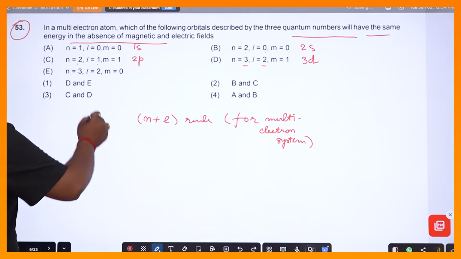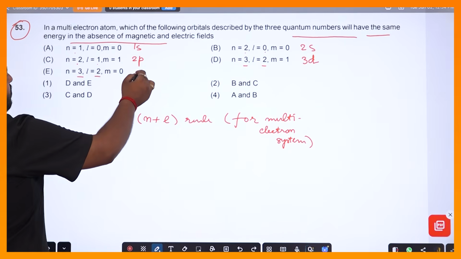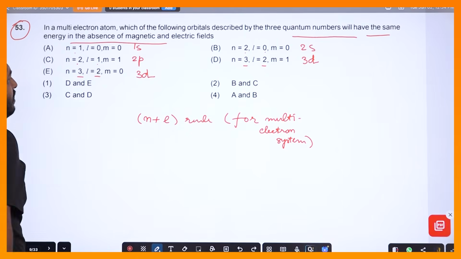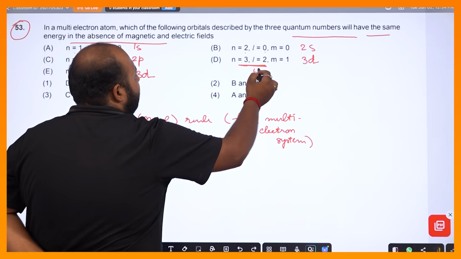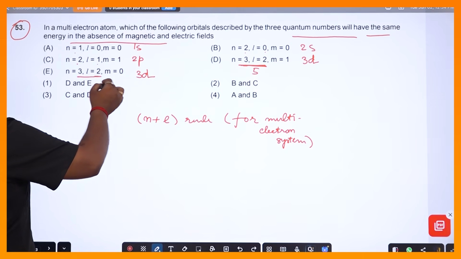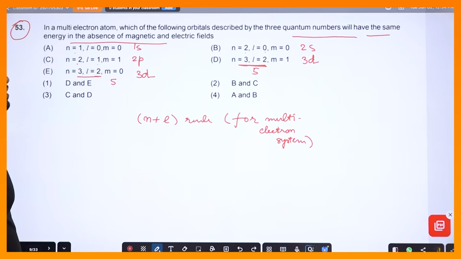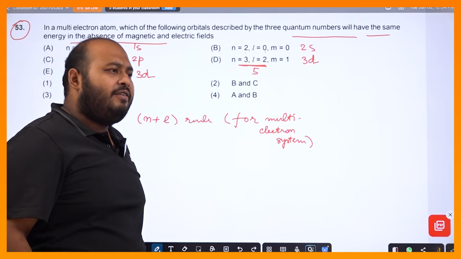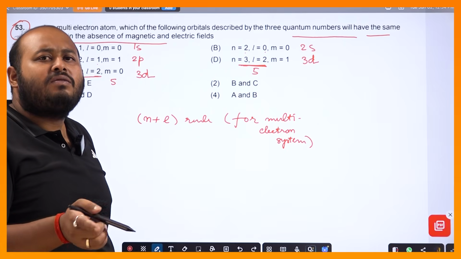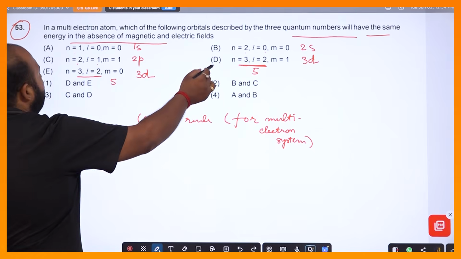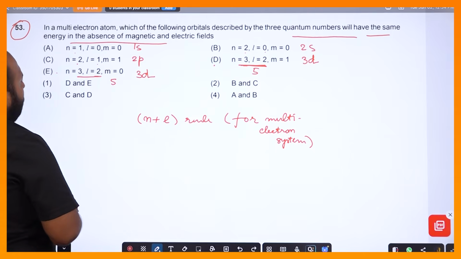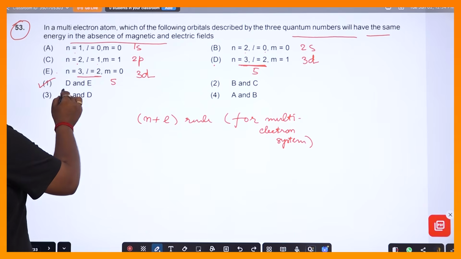And for n equals 3 and l equals 2, this will also be 3d. So you can see that if we add the n plus l values of 3 plus 2, we will have 5, and in this case also 3 plus 2, it will also be 5. So if the n plus l values are the same, then the orbitals will be of the same energy. So the correct option will be D and E, that is option 1.